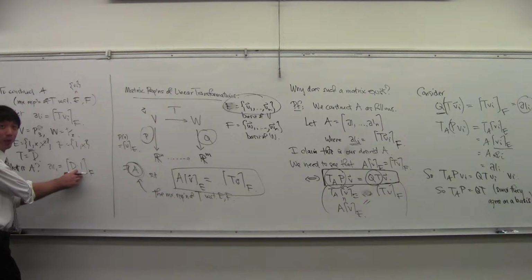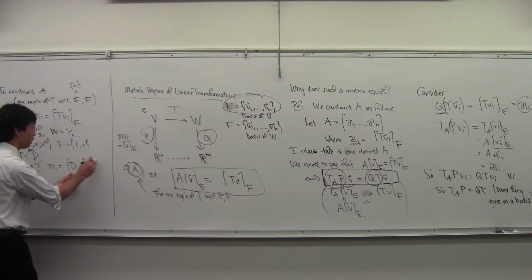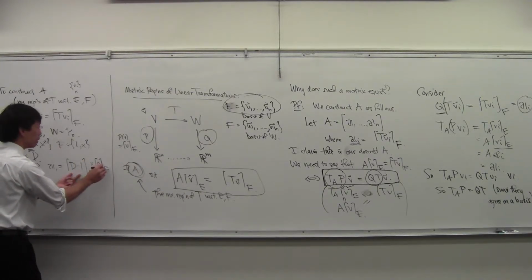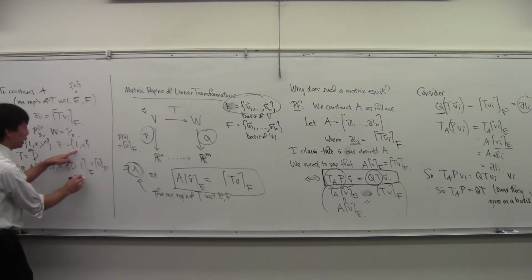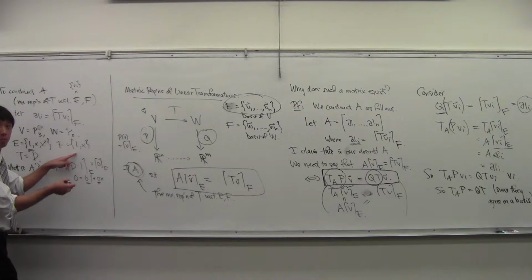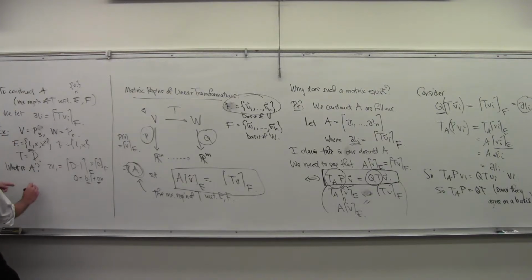Well, what's the derivative of 1? 0, right? So now what's the coordinate vector of 0 with respect to this basis? Well, you need to find the coefficients. So 0 is 0 of 1 and 0 of x, right? So what's the coordinate vector? 0, 0, right? So the first column is 0, 0. Okay, simple, right?